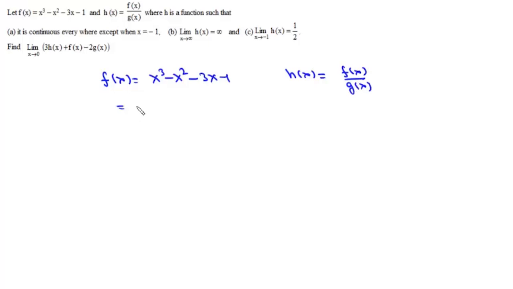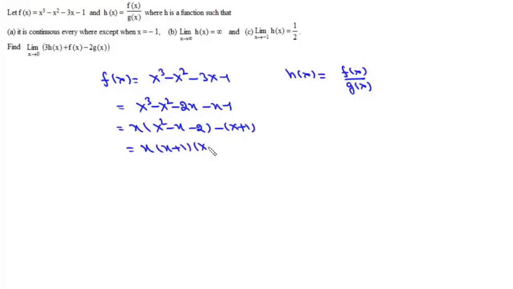What we'll do is we'll write this as x cube minus x square minus 2x minus x minus 1, and if we take x common, it will be x into (x square minus x minus 2), and then minus x plus 1, which is x into (x plus 1)(x minus 2) minus (x plus 1), which will be (x plus 1)(x square minus 2x minus 1). So that's our f(x).